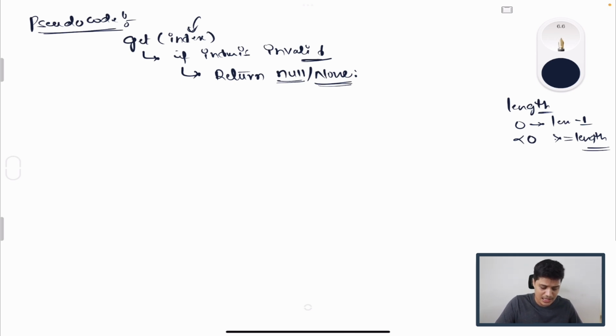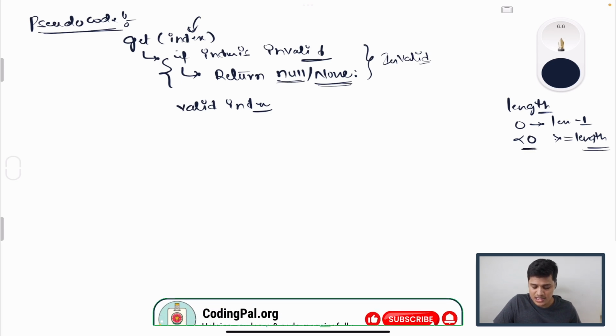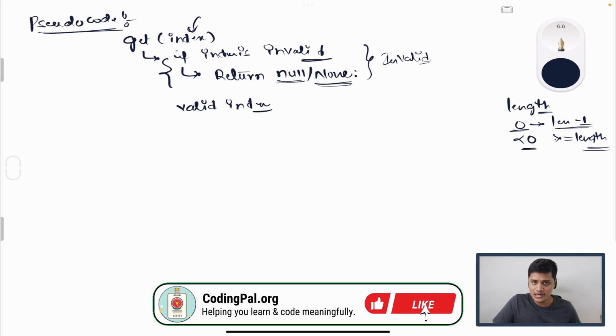Okay, so this is the case if the index is invalid. As part of the next scenario, we have to handle the valid indexes. So anything that is not falling in the above range, that is, if the index is falling in the range of 0 till the length of the linked list minus 1, that means the user has given a valid index.